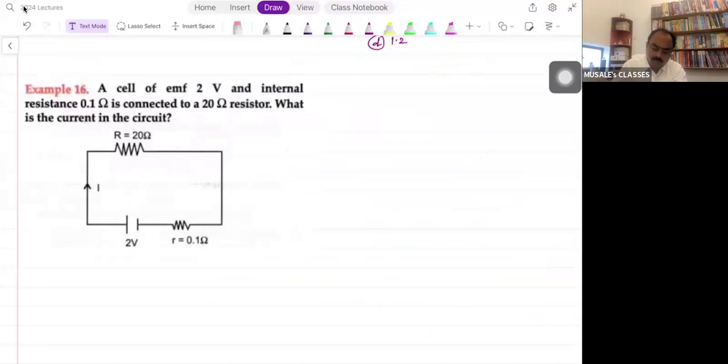Remember, whenever we have a cell, in that cell we have two electrodes. One is this and the other is this.